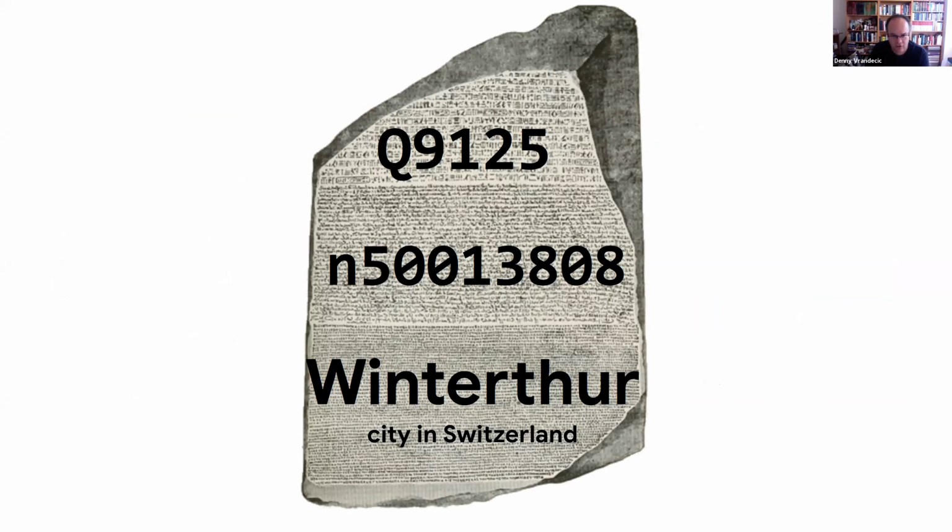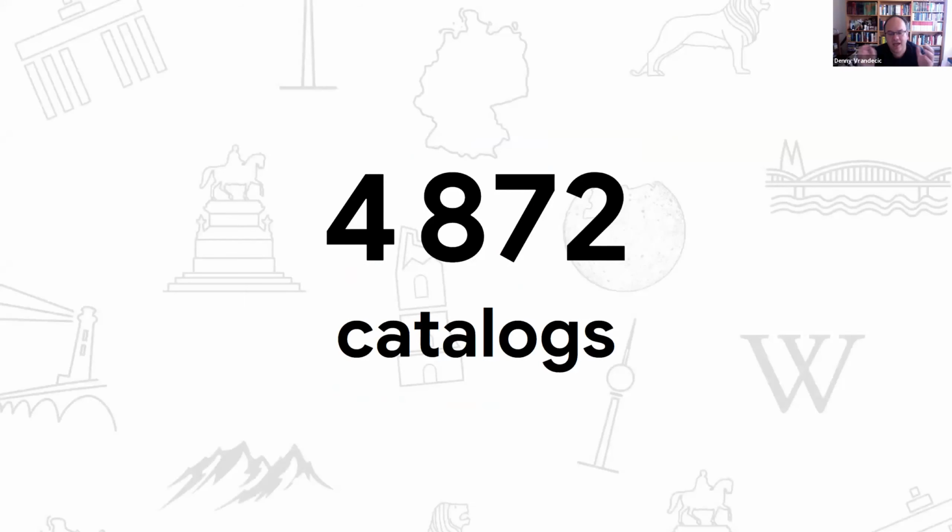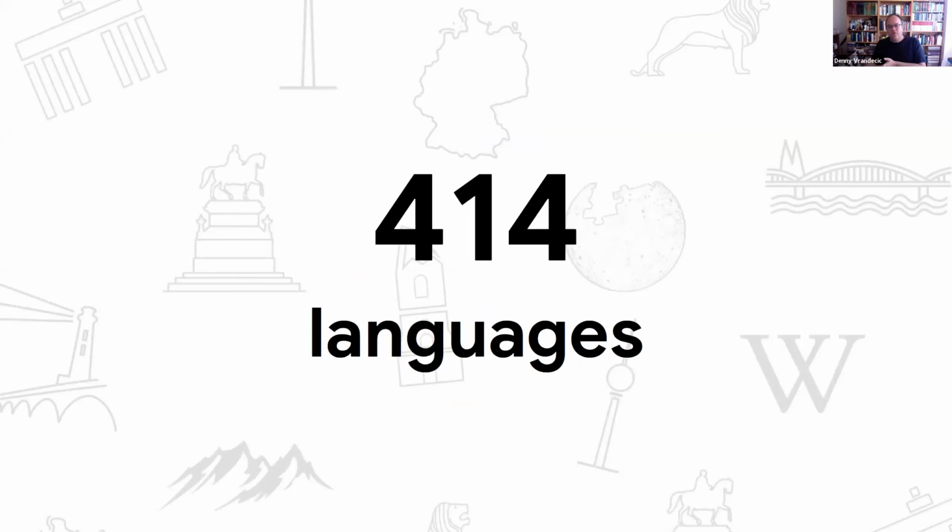In fact, what Wikidata connects is more than 4,800 different catalogs, like the Library of Congress, the Getty catalog, the MoMA catalog, and so on, and connects them to all these different catalogs out there in 414 natural languages. So you have a huge selection of data, a lot of it authoritative data coming from archives, national libraries, museums, universities, and so on, about certain topics. You have these huge libraries and catalogs that you can all connect together and create a huge knowledge graph out of this.